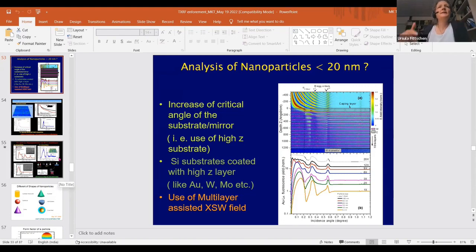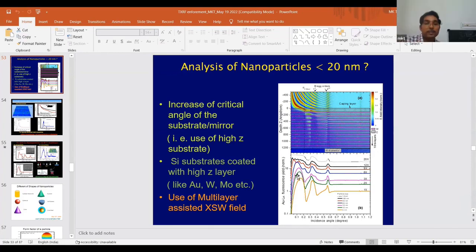To me it appeared superior because there were more distinct features. Using this multi-layer support, my impression was it's easier to distinguish between nanoparticles because the oscillations are more pronounced. Is that the right impression?